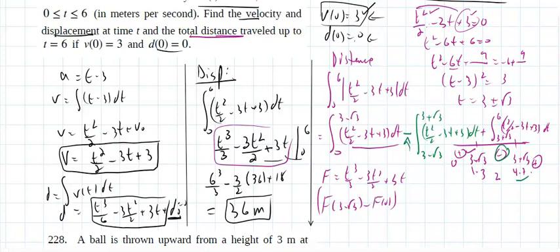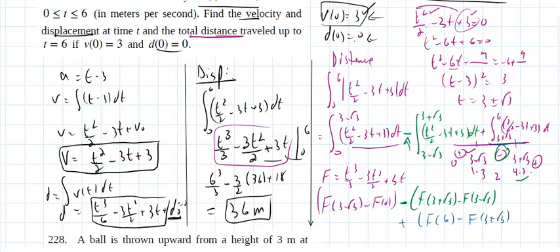When I get to this part, I'll have a minus f of 3 plus radical 3 minus f of 3 minus radical 3. And when I get to this part, it's simply f of 6 minus f of 3 plus radical 3. And as you see, this is just busy work.